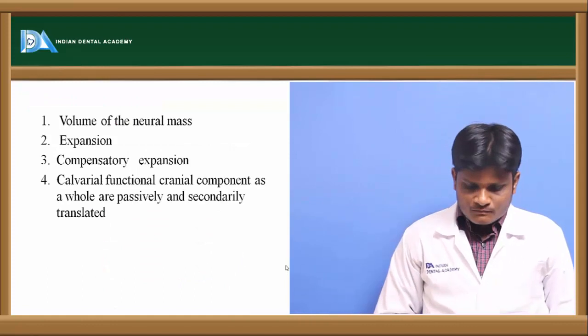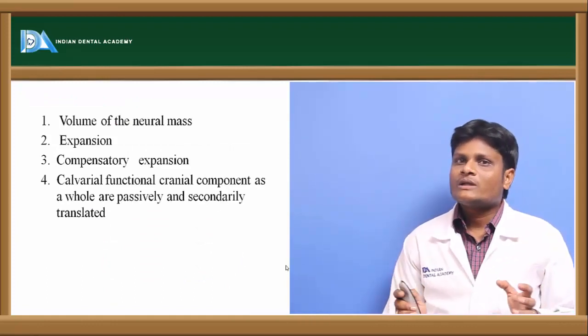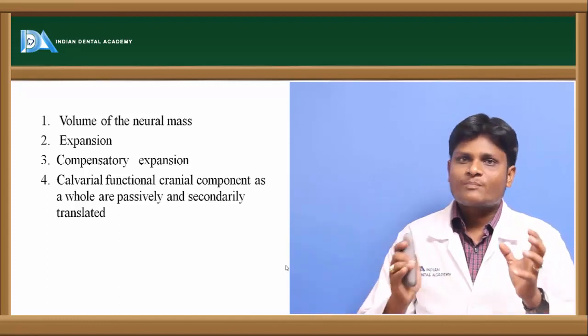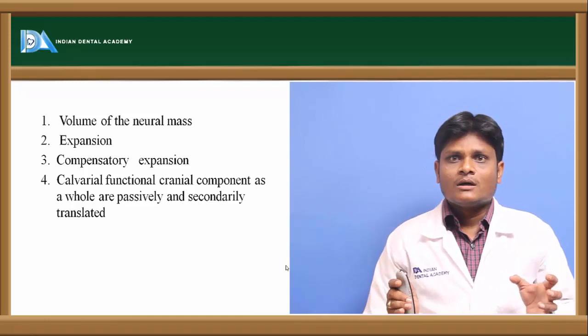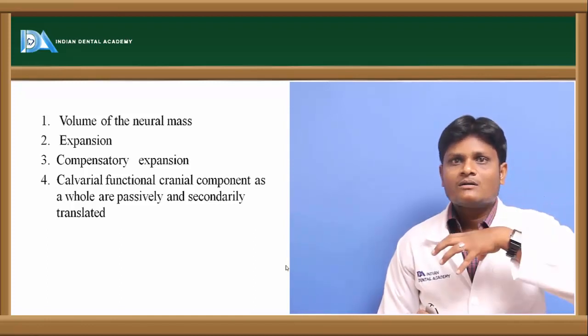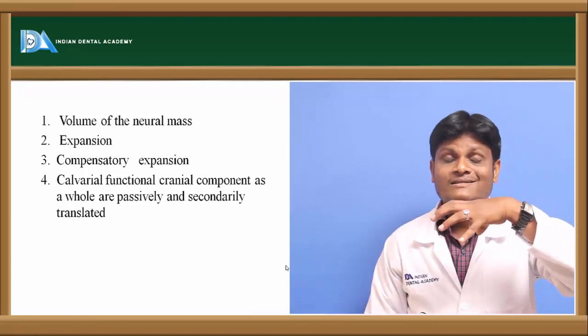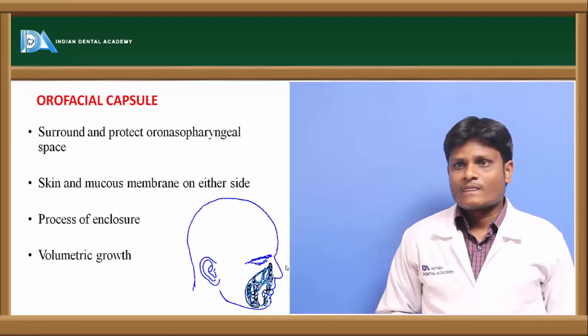Now, growth of this neurocranial capsule will provide more room into which the growing calvarium will translocate or shift, into the spaces that are provided by the growth of this neurocranial capsule.